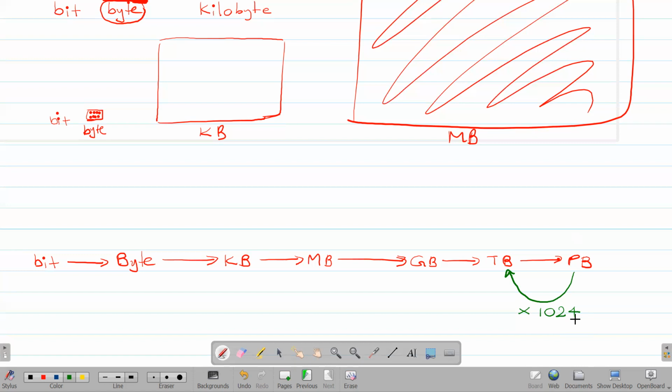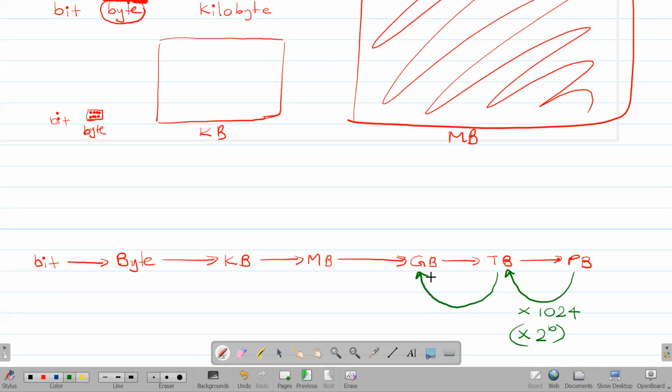Multiplying by 1024 means multiplying by 2 to the power 10, because 1024 equals 2 to the power 10.